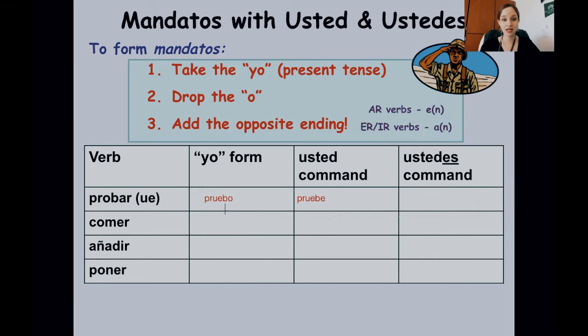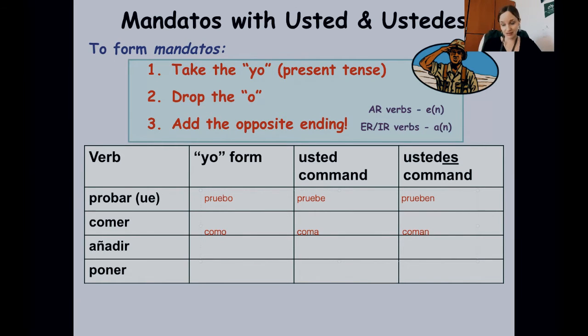So pruebe, and then prueben. Good. Comer would be como. We drop the O. It's an ER verb, so our opposite ending would be A. Coma. And then we add an N for the ustedes form, coman. So we're saying, hey, you, plural, eat, right?